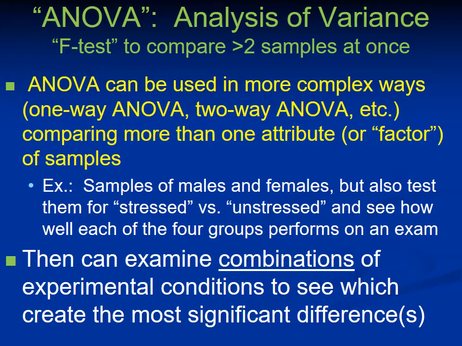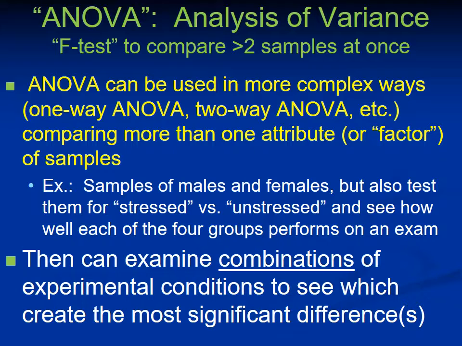And then lastly, you see on page 149 and 150 that analysis of variance can actually be used in some pretty complex ways. You can move from a one-way analysis of variance that's looking at only one basic attribute of samples, one measurement, to looking at more than one classification of samples, so more than one factor that you've measured.